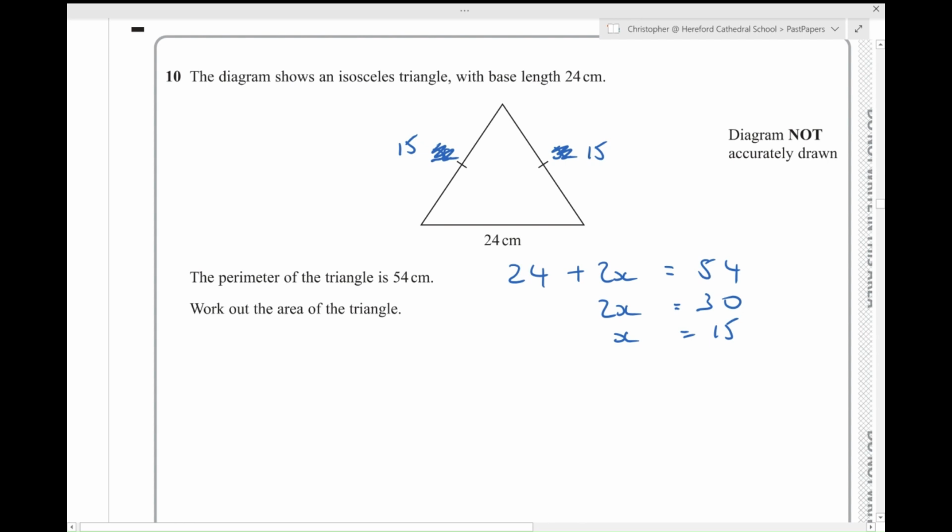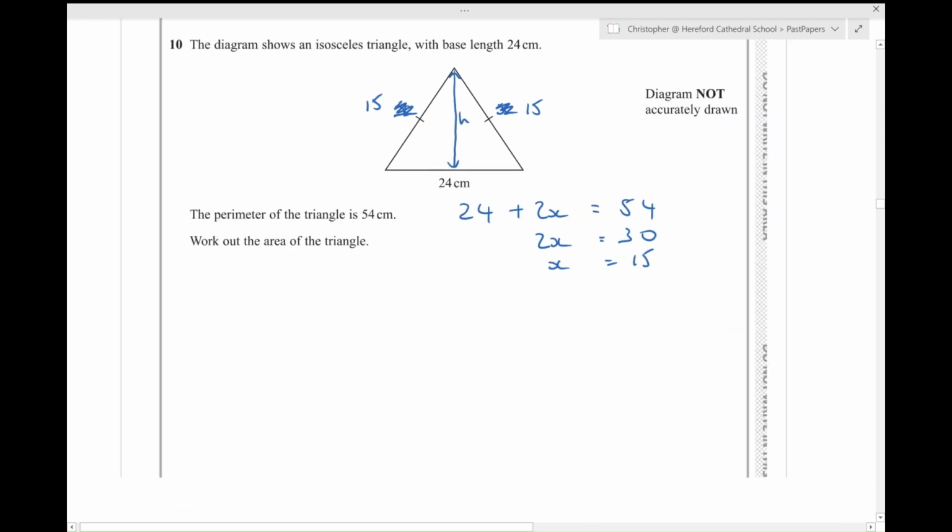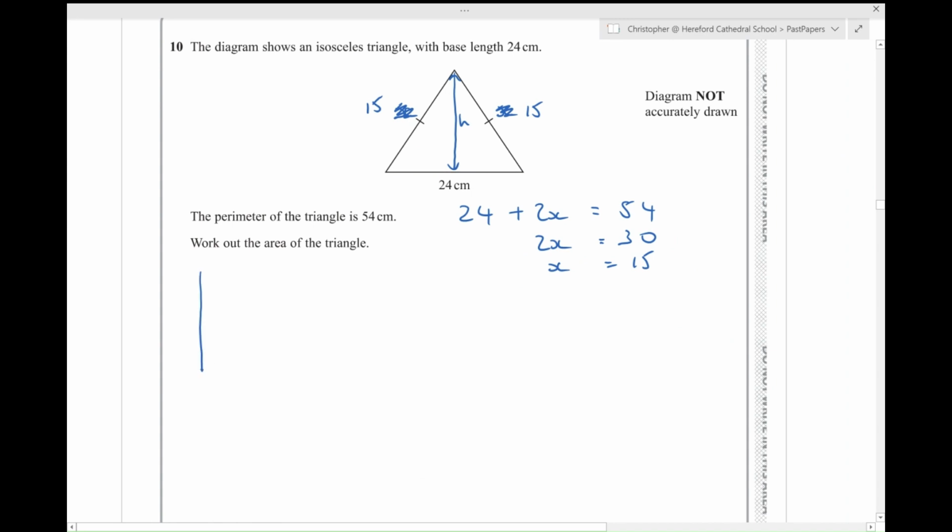Right, but I need to work out the area of the triangle. So I need to do the base, which I know, times the height. I don't know the height. But I suppose I could work it out, because I've got a right-angled triangle here. If I cut the big triangle in half, I've got 15 there and 12 there, and I have to work out the height there.